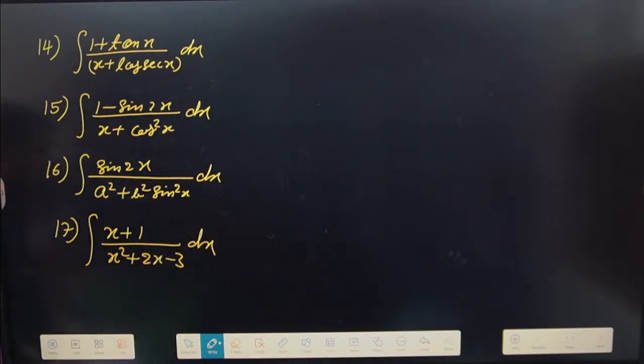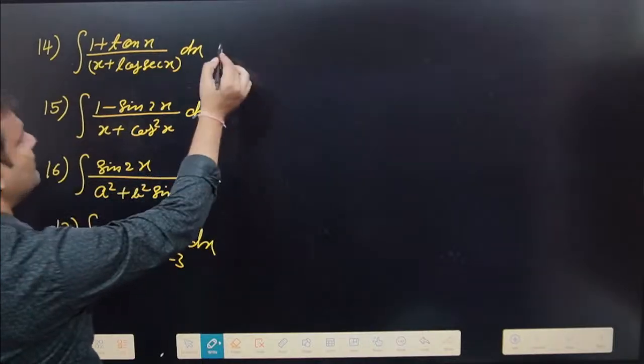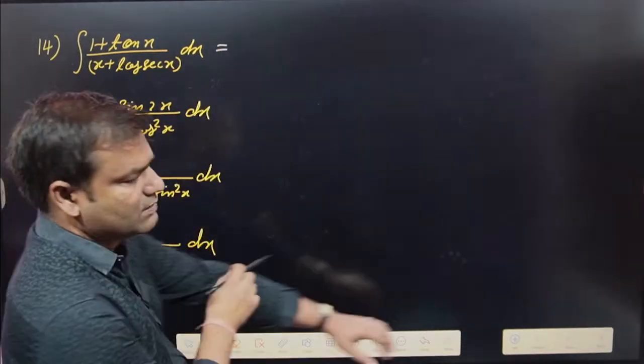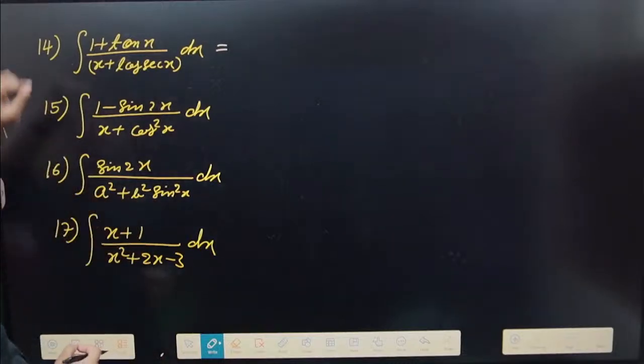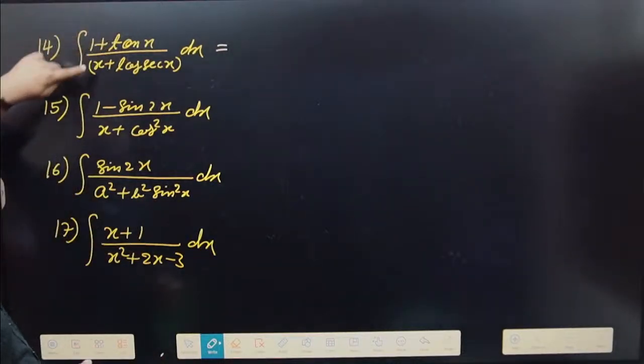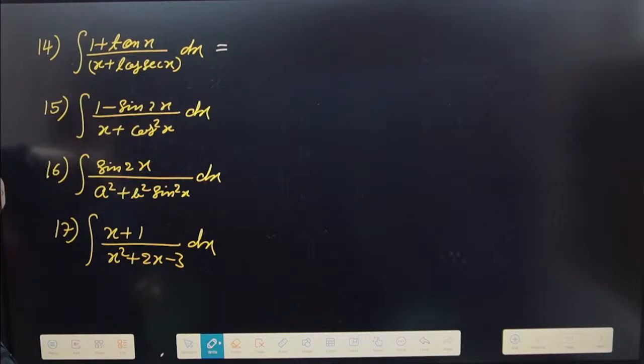Okay, how can we do this? First part we focus on next. Now look, question number 14, integration of (1 plus tan x) upon (x plus log of sec x) dx. Look very carefully.